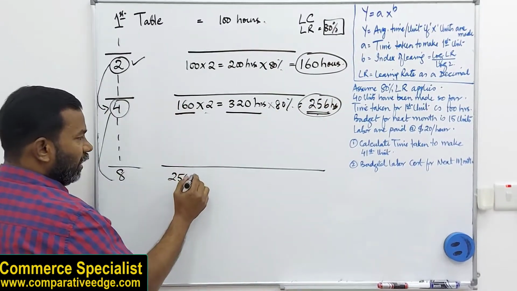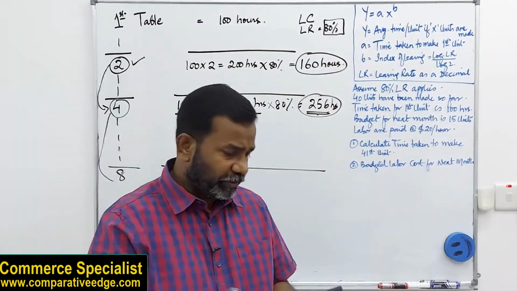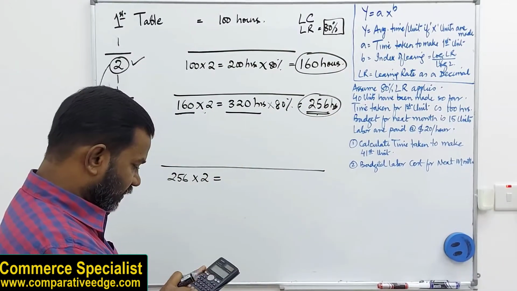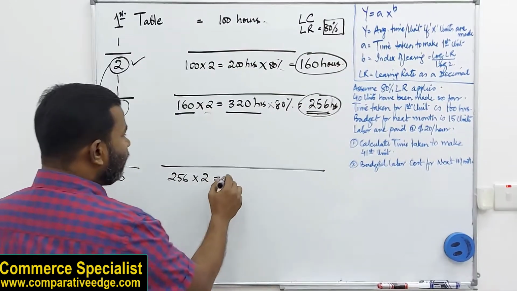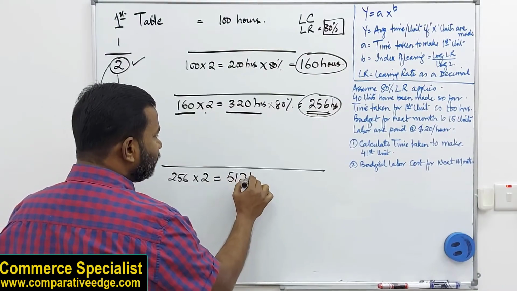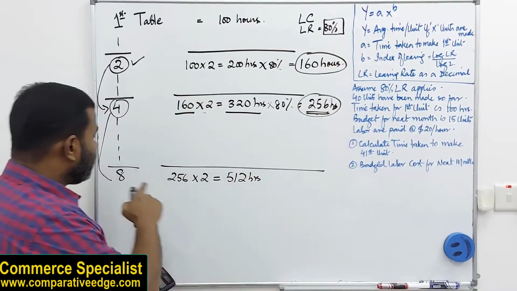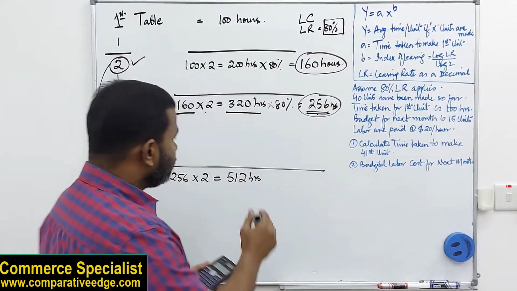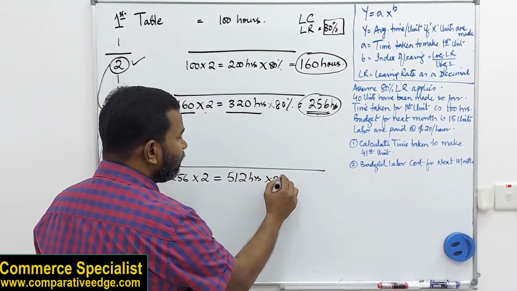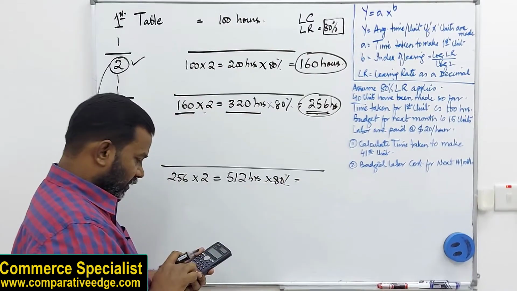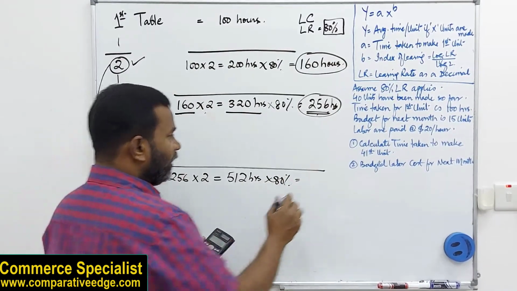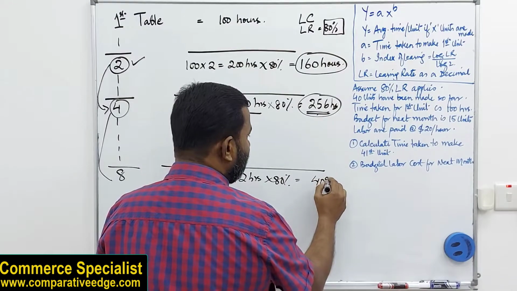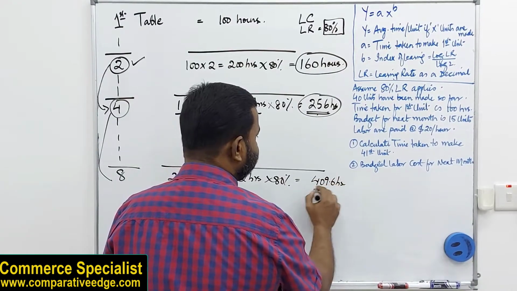For 8, I should multiply it by 2. So 256 multiplied by 2 will give me 512 hours. But 8 tables will not take 512 hours because we have 80% learning curve. So you just multiply it by 80%. It gives me 409.6 hours.